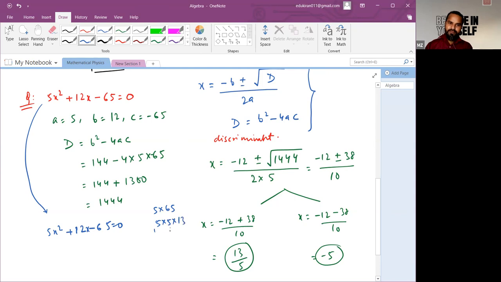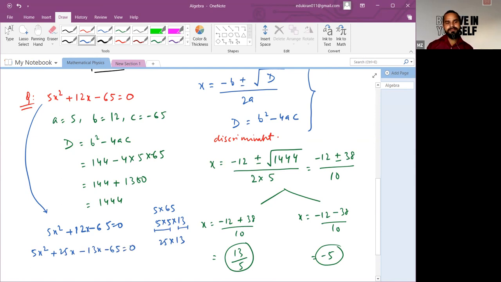Now we have 5 into 5, which would be equals to 25. And the next part is 13. So we can write 25 and 13. If we subtract these two terms, it will be equals to 12. So we can write this as 5x squared plus 25x minus 13x minus 65 is equals to 0.